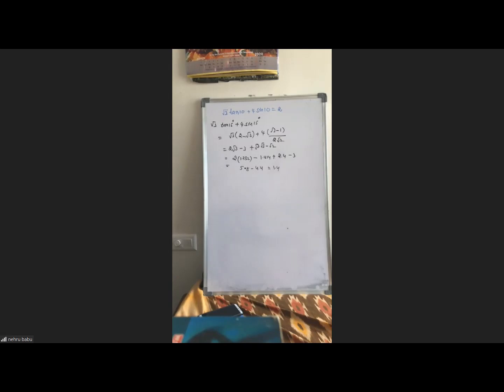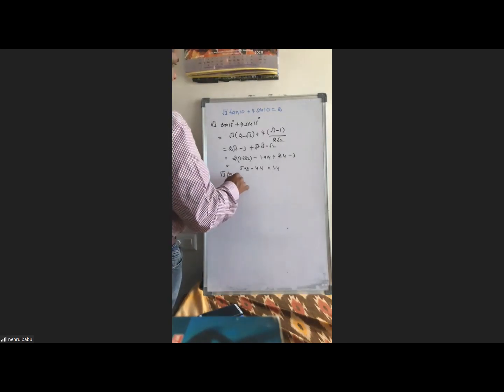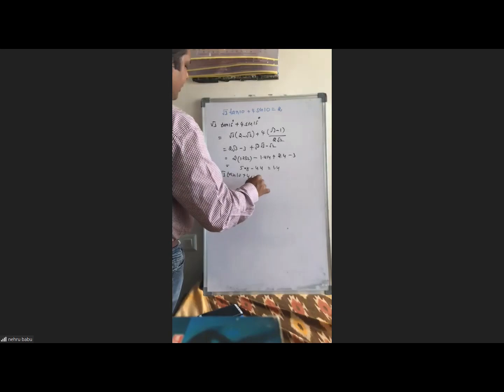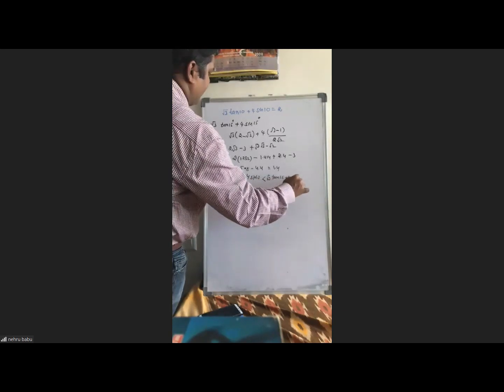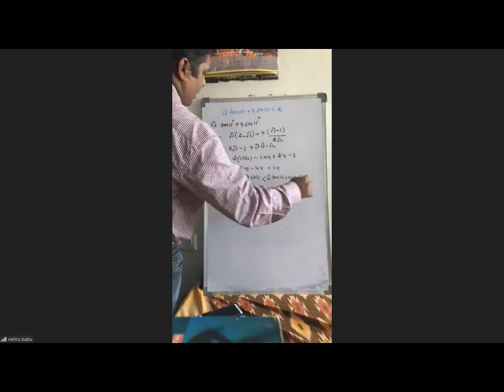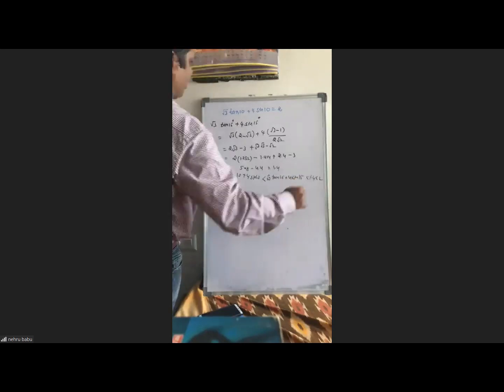Root 3 tan 15 plus 4 sin 15 is 1.4, which means root 3 tan 10 plus 4 sin 10 is smaller than that. So no doubt this result is less than 2.